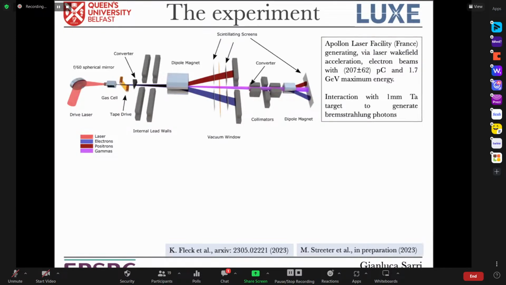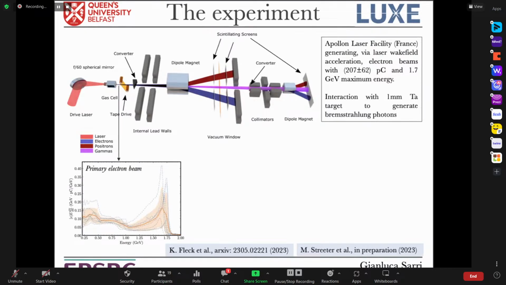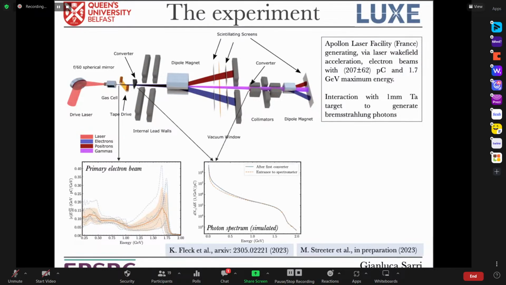In a nutshell, we used the Apollon laser, focused it with an F60 spherical mirror onto a gas cell to produce broadband electron beams with a peak maximum energy of the order of 1.7 GeV. Then these electrons interacted with a solid target to generate Bremsstrahlung photons, and here you have the expected Bremsstrahlung spectrum from this interaction.